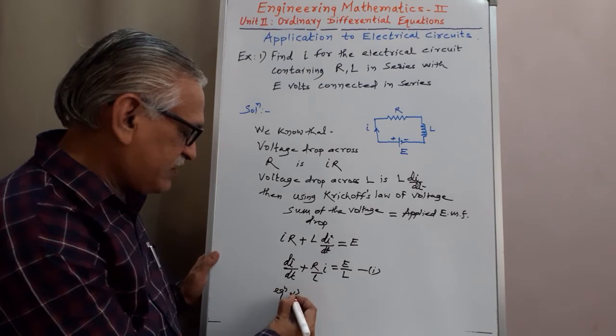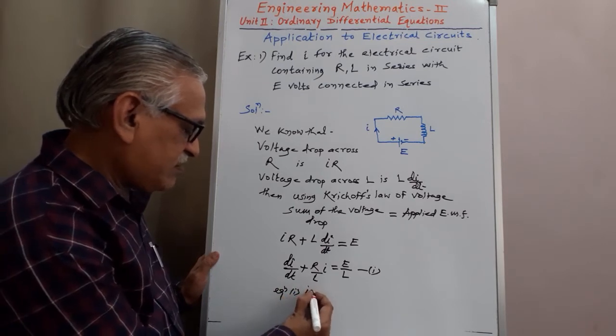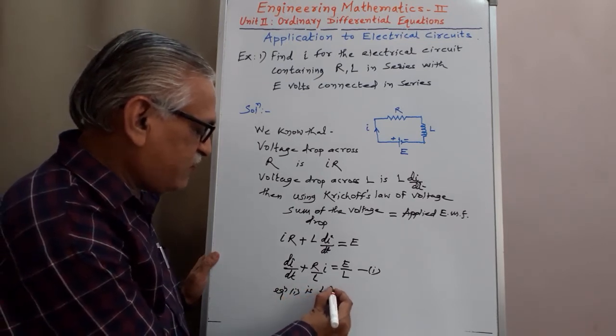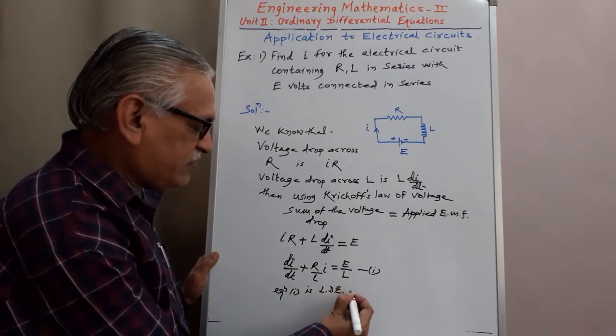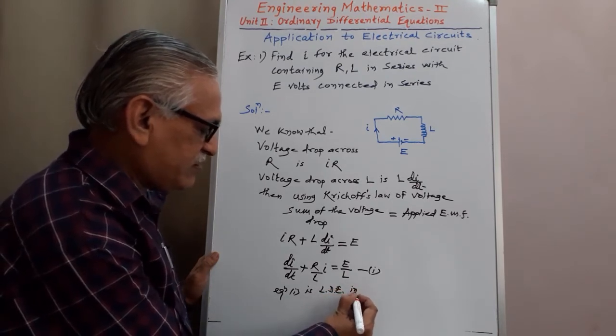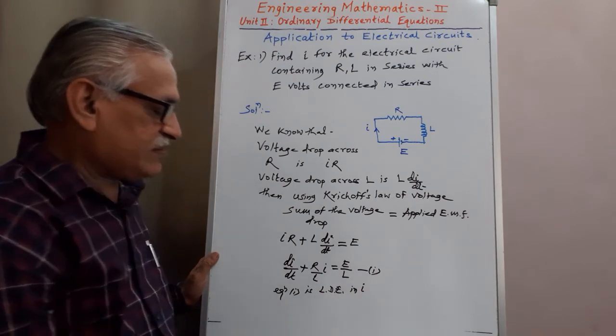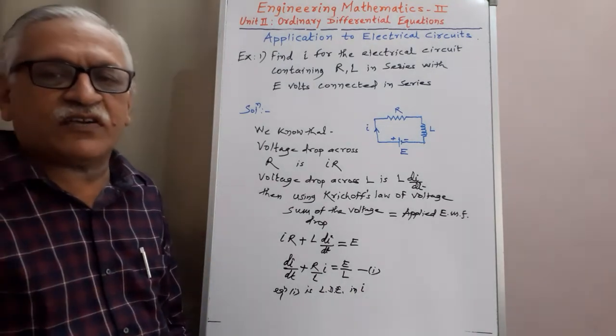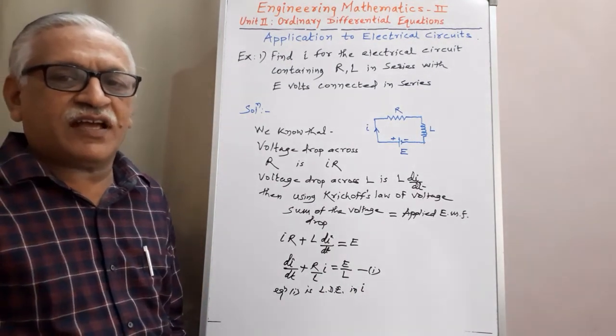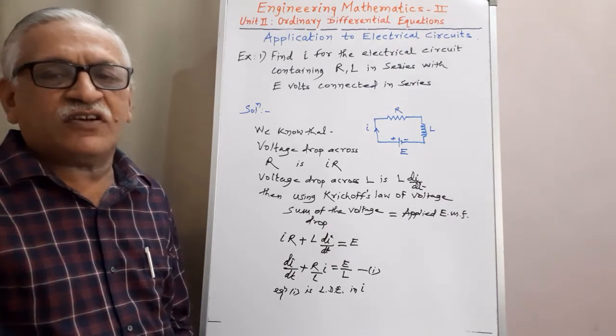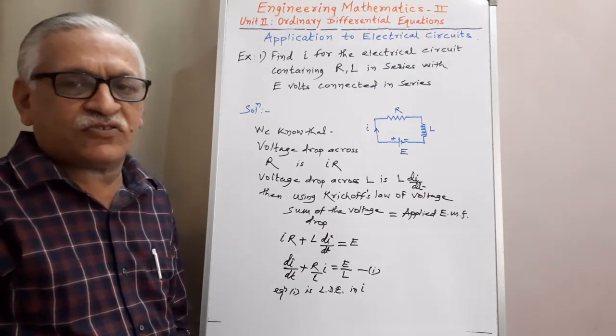Equation 1 is a linear differential equation in I, with I as the dependent variable. And as we get a linear differential equation, we apply the technique of solving it.